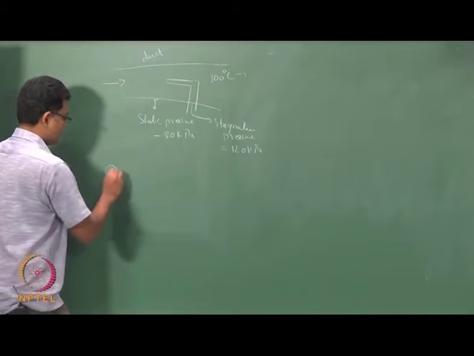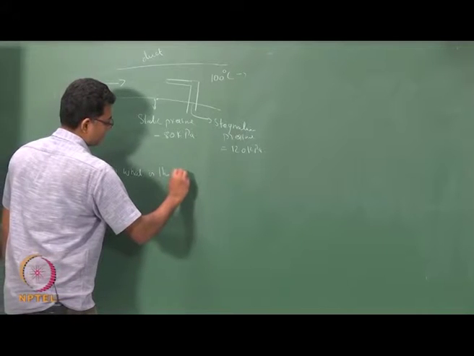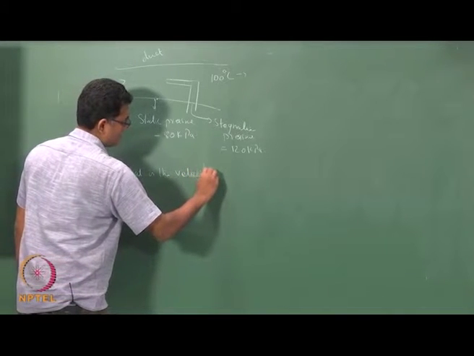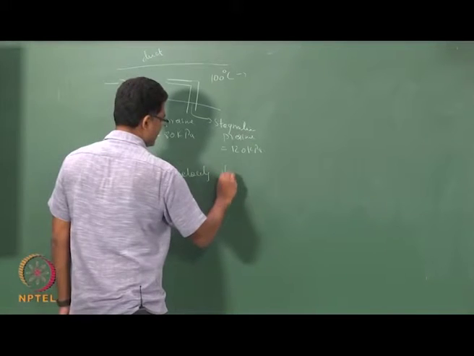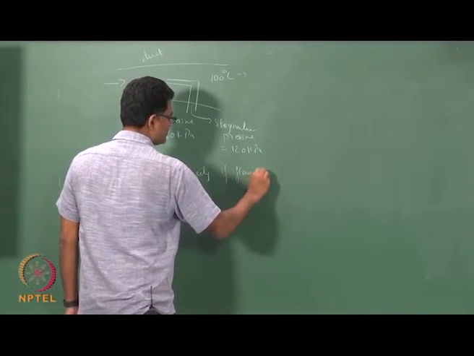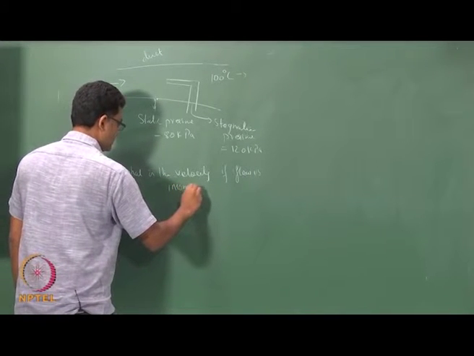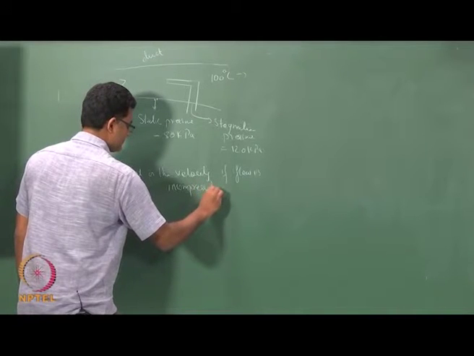So, question 1: what is the velocity if the flow is incompressible?